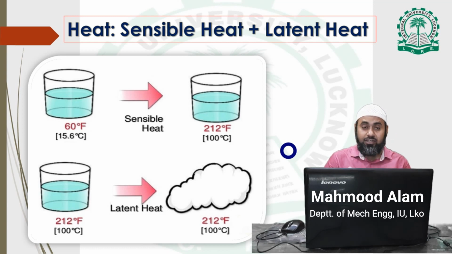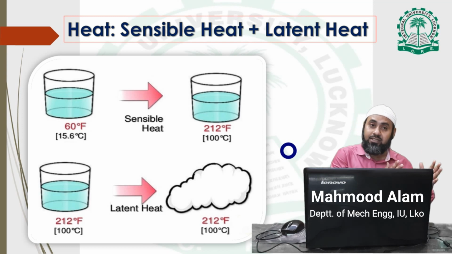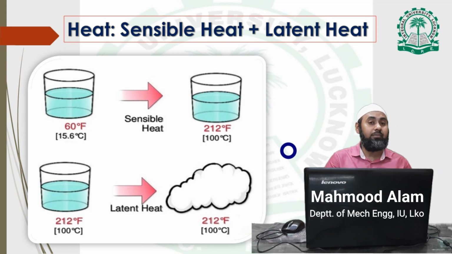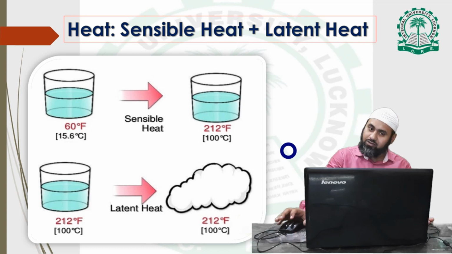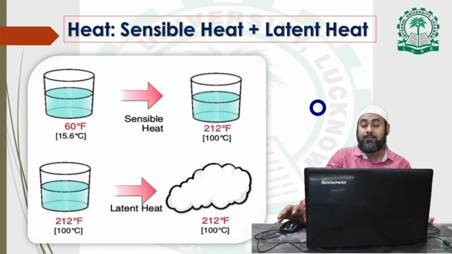The temperature is constant, whether it is heating or cooling, but if the phase is changing, from liquid to vapor, vapor to liquid, liquid to solid, solid to liquid, whatever the phase change, the amount of heat utilized to change the phase of the substance is simply called latent heat. So here is the basic concept of sensible heat and latent heat.